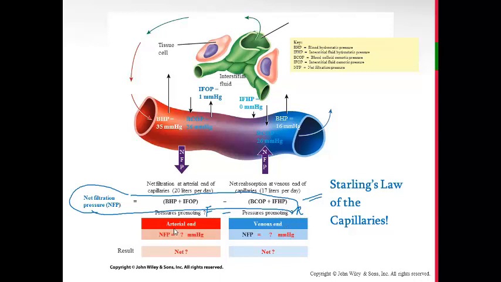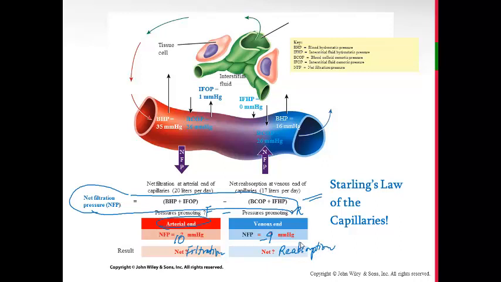At the arterial end, do you remember our net filtration pressure? Right, it was 10 millimeters of mercury. Did it favor filtration or reabsorption? Right, it favored filtration. Now on the venous end, we had minus 9, so this tells you it was favoring reabsorption.